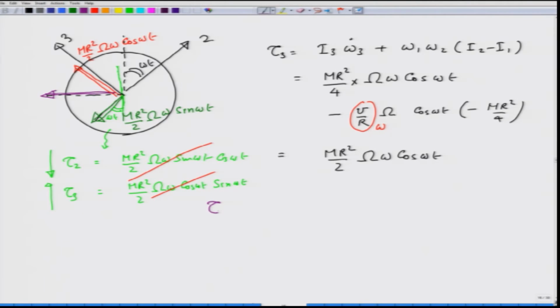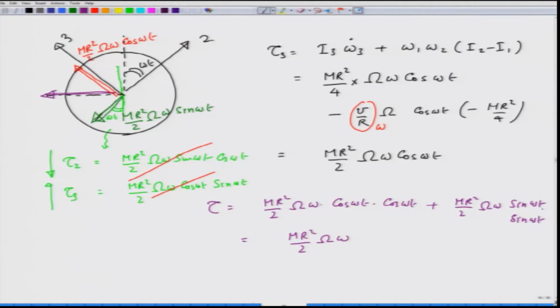So, tau is going to be mr square over 2 capital omega, omega cosine of omega t times cosine of omega t plus mr square over 2 capital omega, omega sine of omega t times sine of omega t, which is nothing but equal to mr square over 2 capital omega, omega times cosine square omega t plus sine square omega t, which is 1.